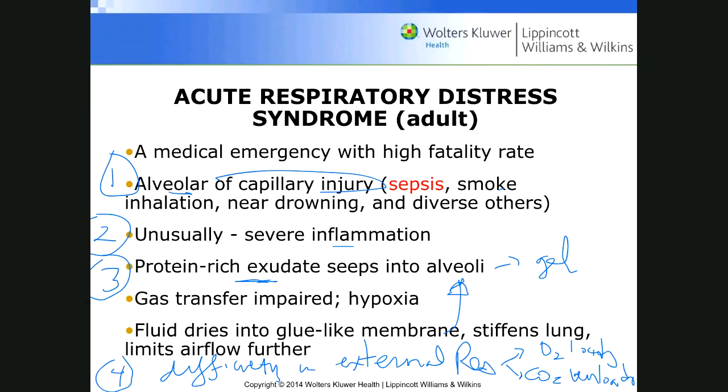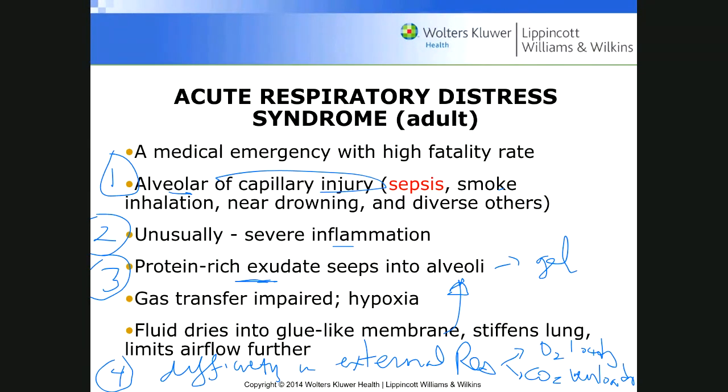Okay, so you guys should know the difference between external versus internal respiration. I thought you guys knew these terms. External respiration is the gas exchange between the lungs and blood.